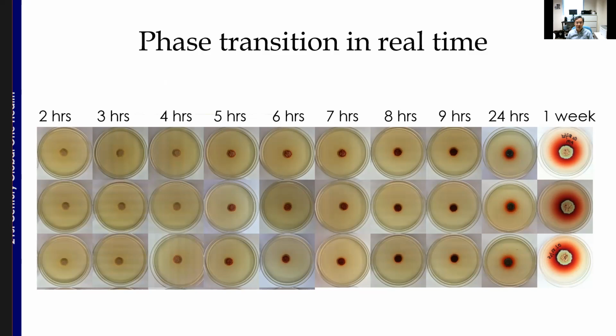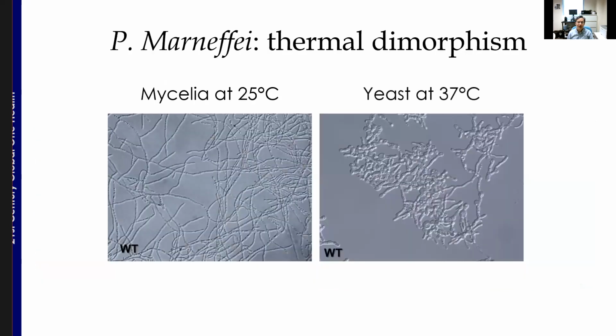We have 3 replicates, and you can see the change of this colony from one growth form to another, from yeast to mold. And this is under the microscope, and you see mycelium cells and yeast cells for the same species. It is very special, and this is called thermodimorphism.